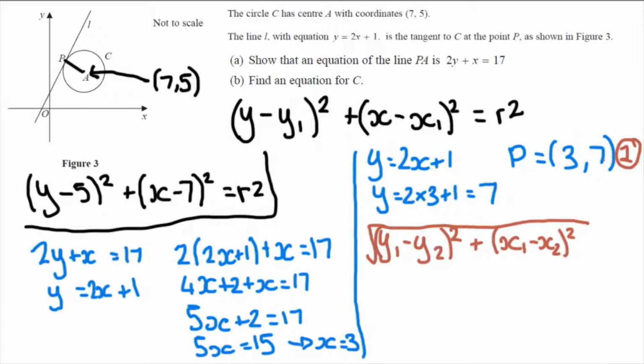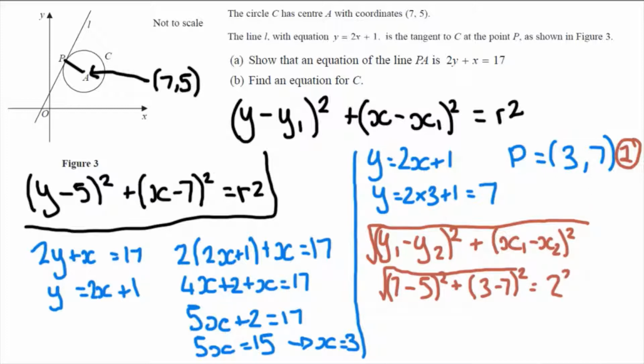So the first y value here is 7, and we take that away from the second y value, which is 5. And then same for x. 3 minus 7 squared. Get the 3 from here and the 7 from here, and then square root it.